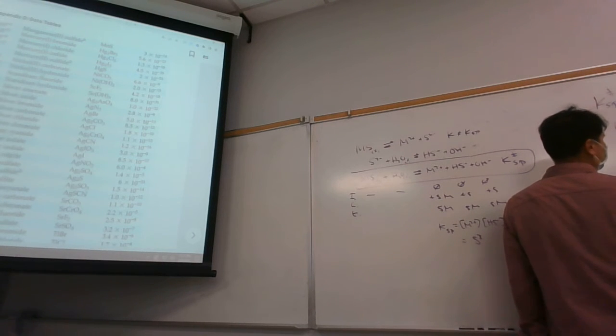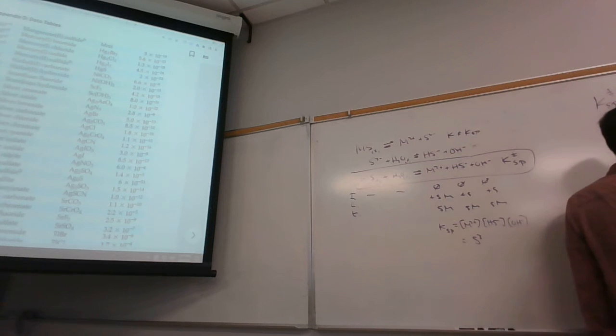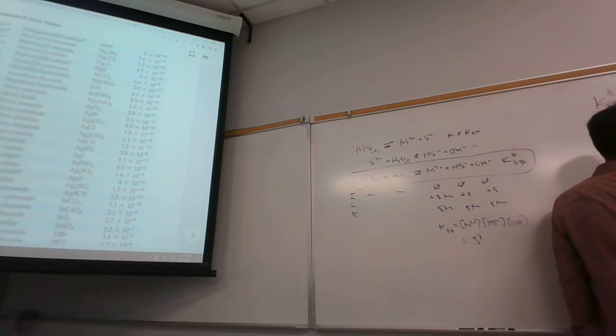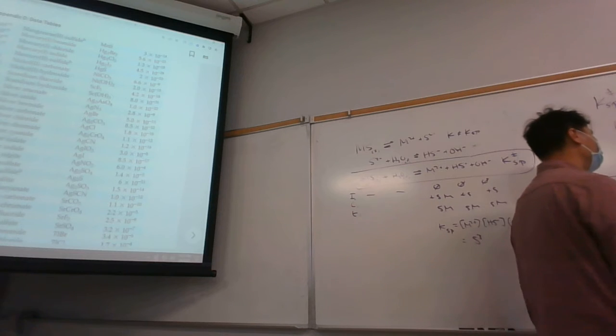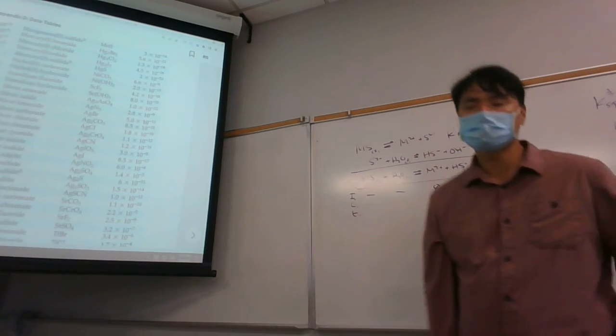It's going to be metal sulfide solid plus 2 H3O+ yields M2+, the HS minus cancels, plus H2S plus 2 H2Os. So this would be KSP double dagger, KSPA double dagger. This would be the combined equation.